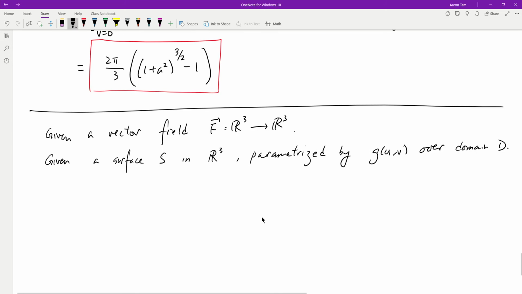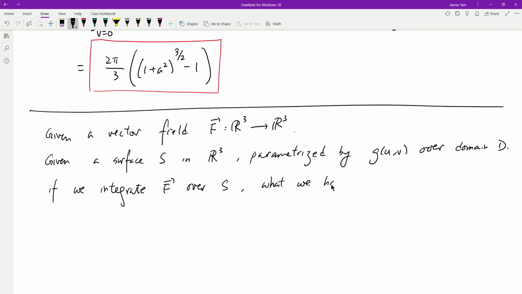So now what we're going to try to do is form an integral of F over the surface S. If we integrate vector field F over the surface S, what we have is called a surface integral of vector F over S.